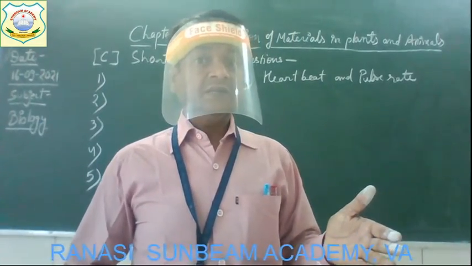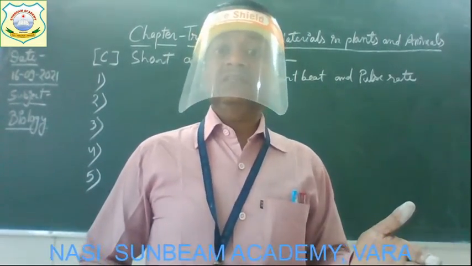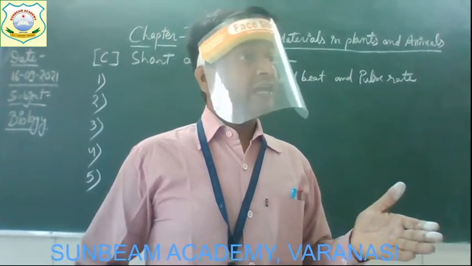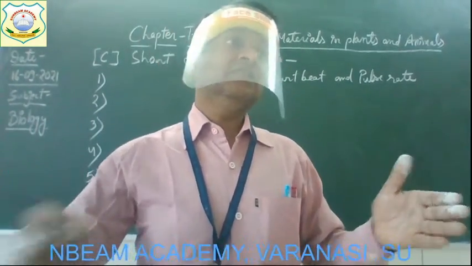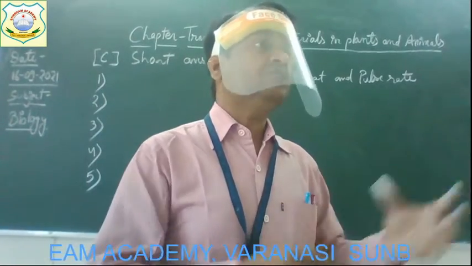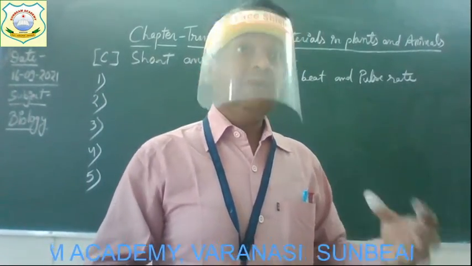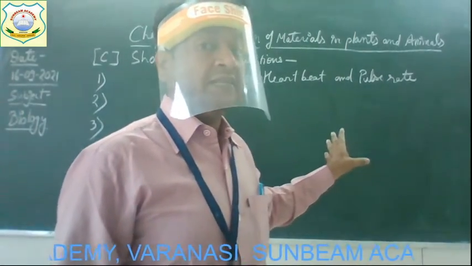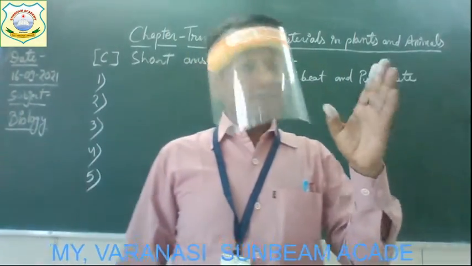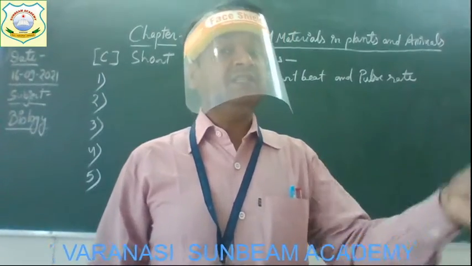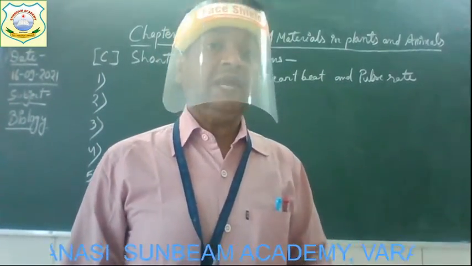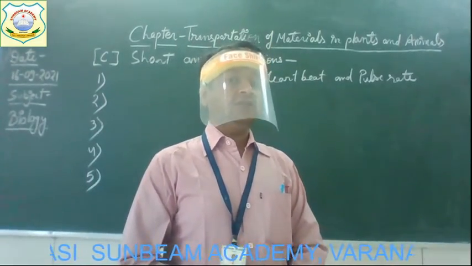Get it? And when it gets stretched because of the heartbeat, with each heartbeat the arteries relax and stretch, and it produces a throbbing, and this is known as pulse. In this way, the heartbeat is related to pulse, which is normally 60 to 80 times a minute throughout our life.